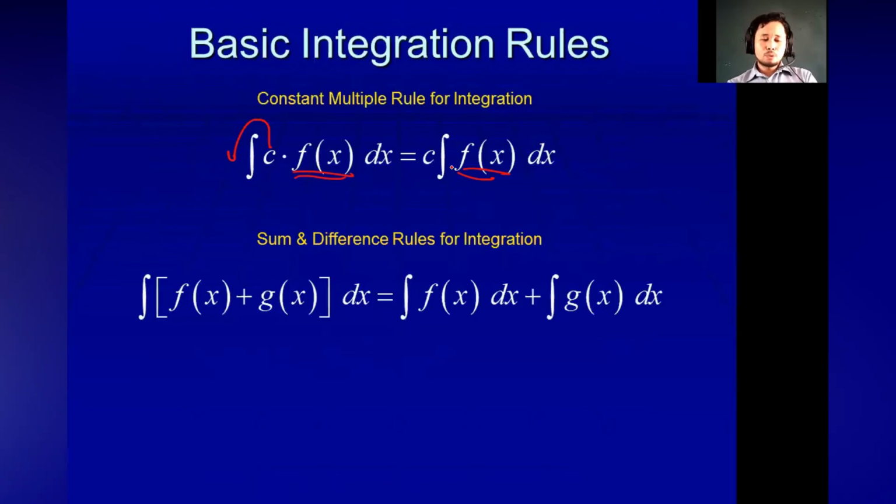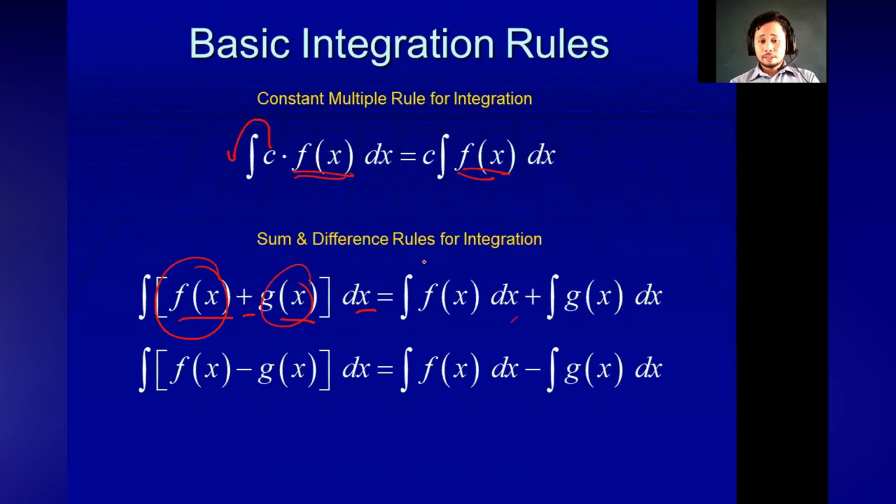If we are asked to find the integral of f of x plus g of x dx, then that is equal to the integral of f of x dx plus the integral of g of x dx. Same in difference: the integral of f of x minus g of x dx is equal to the integral of f of x dx minus the integral of g of x dx.